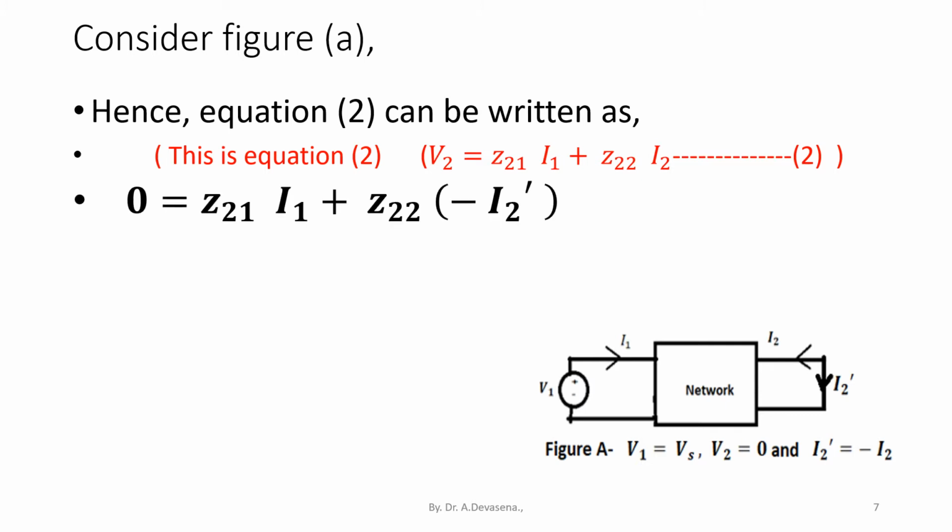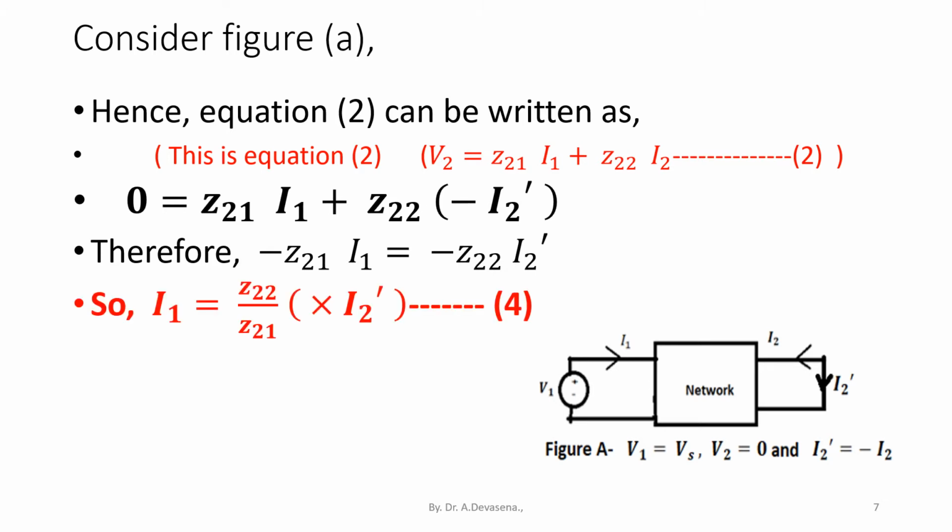That is, 0 is equal to Z21 I1 plus Z22, open the bracket, minus I2 dash, close the bracket. Therefore, minus Z21 I1 is equal to minus Z22 I2 dash. So, I1 is equal to Z22 divided by Z21 into I2 dash. We have considered this as equation 4.